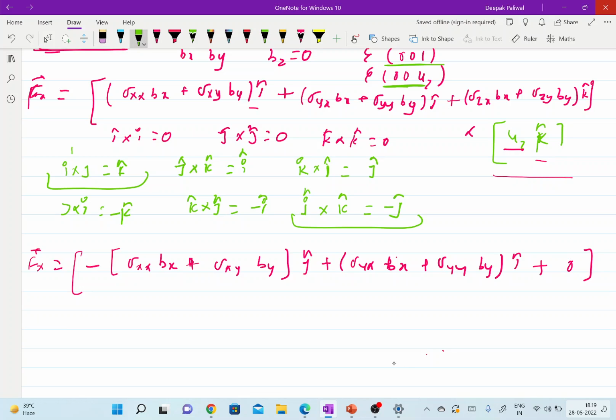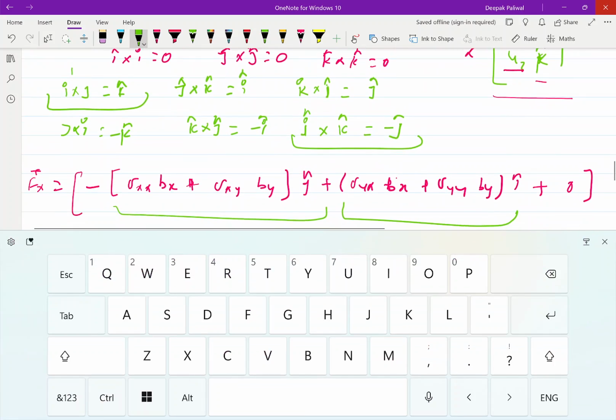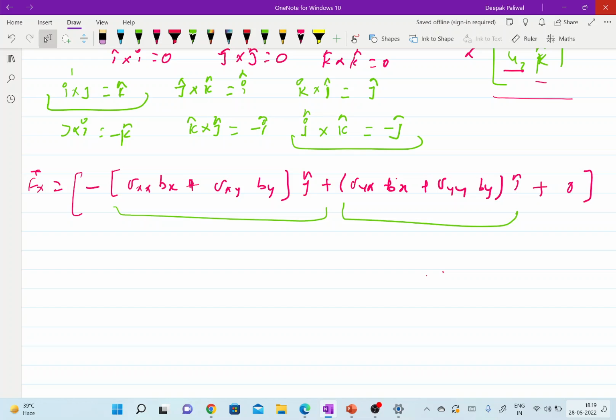We have a y component, we have the x component of the force. Let me write this equation in the matrix form, like this is the complete force part.